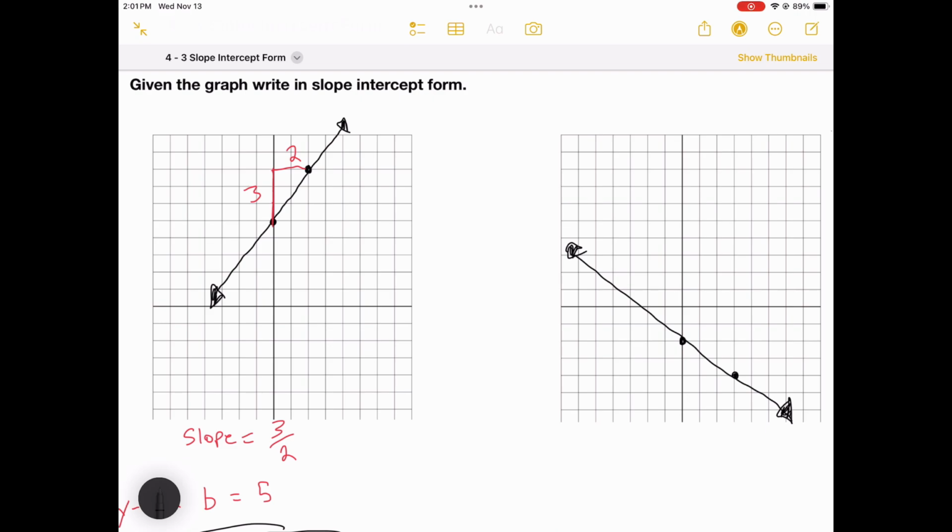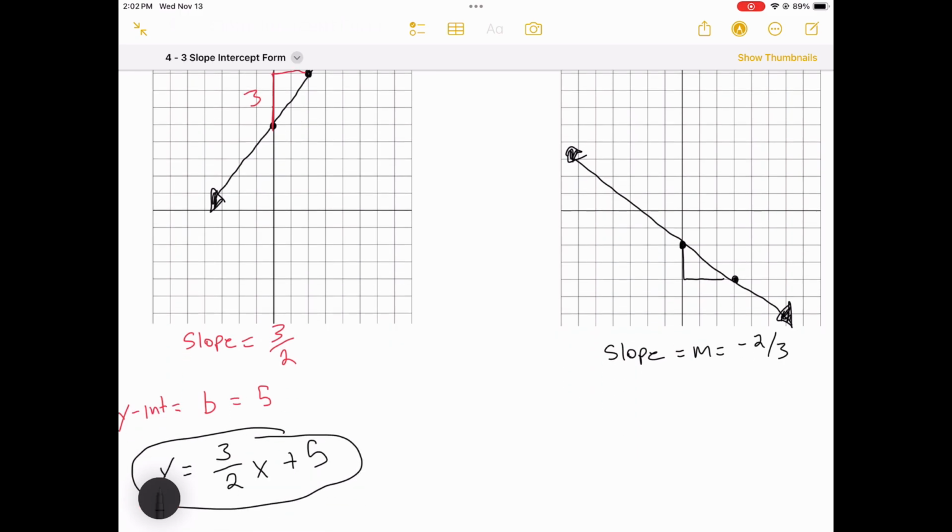So again, I need my slope. Just going to do that real quick. Here it looks like I go down 2 over 3 to get to there. So my slope, or my m, is equal to -2 over 3. My y-intercept, or my b, is equal to -2, it looks like. Remember, it's this point right here.